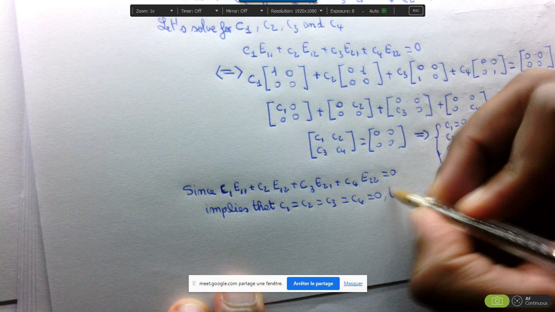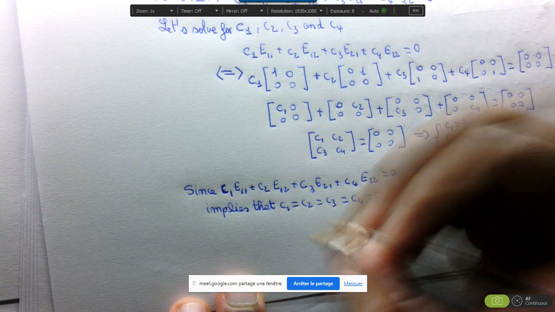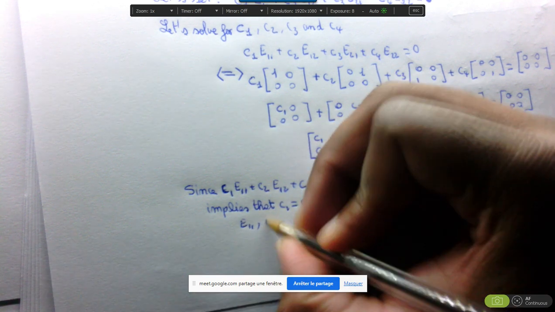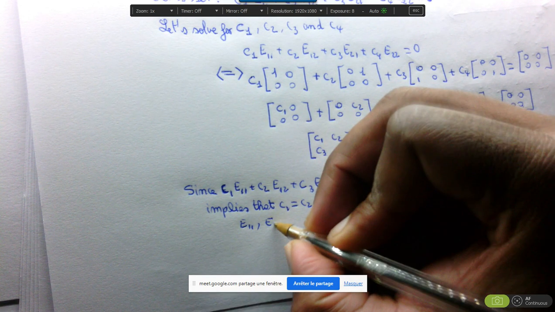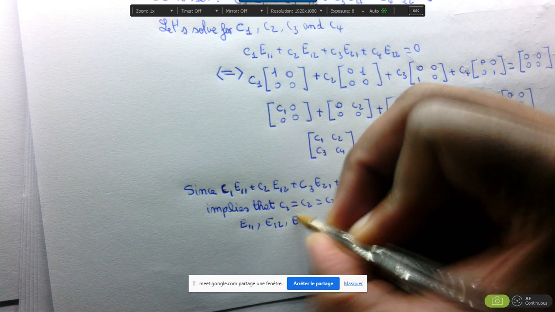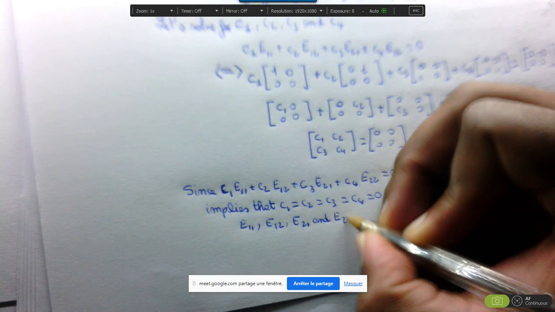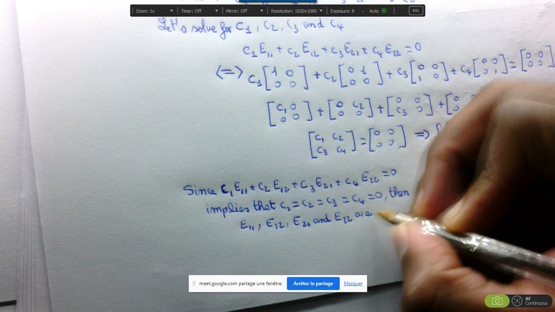Then the matrices E11, E12, E21, and E22 are linearly independent.